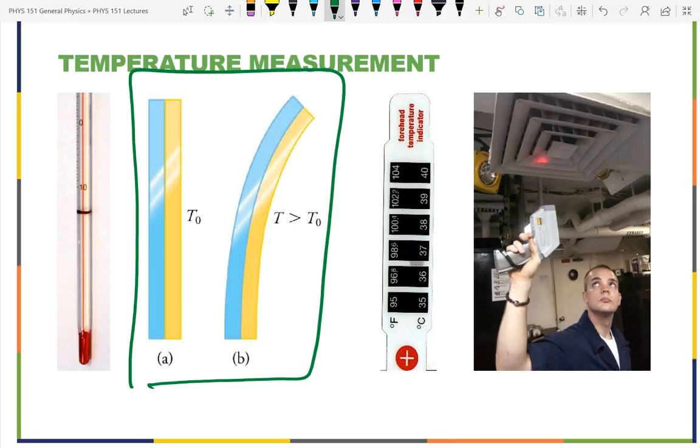And you can actually calculate the radius of curvature based on the change in temperature, because if you have the thickness of those things, you have, okay, the change in radius is this big, and the change in circumference is 2 pi r. So you put in the same equation, you calculate what the radius is. We're not going to do that, but that's how a lot of thermometers work.